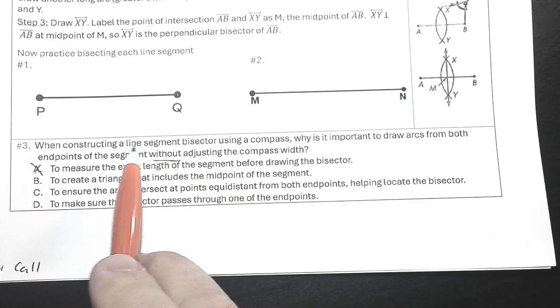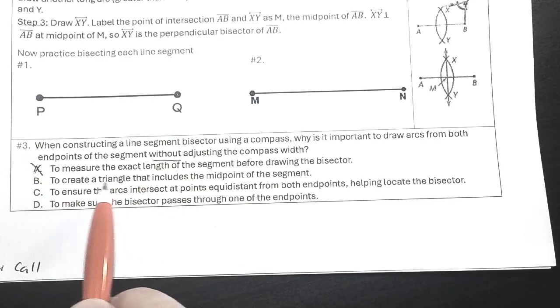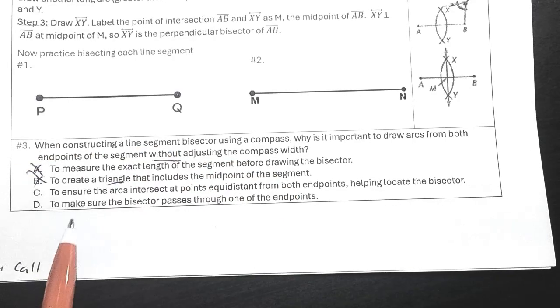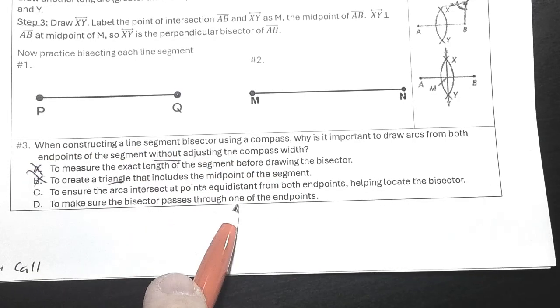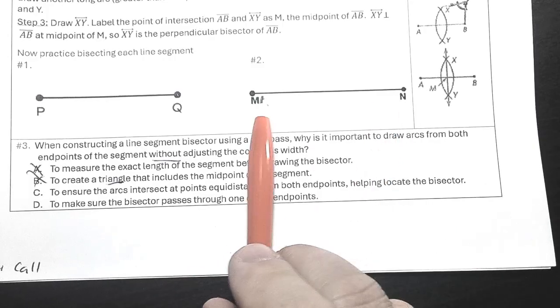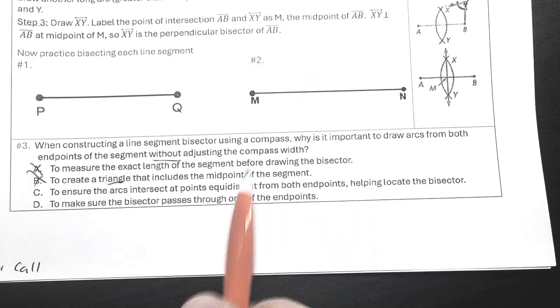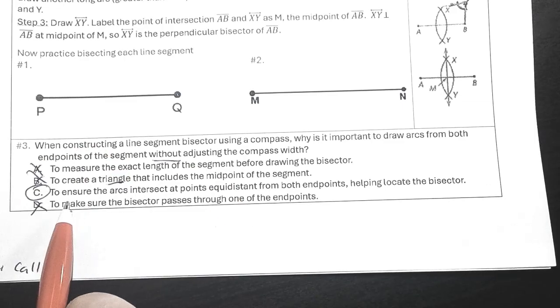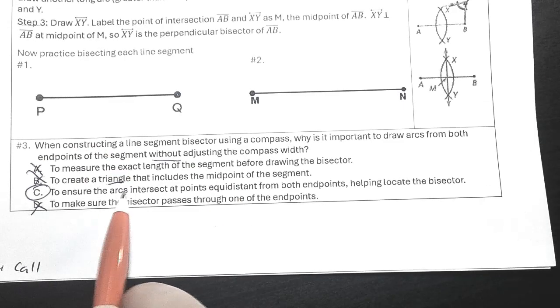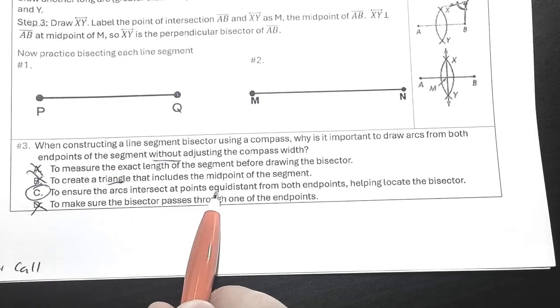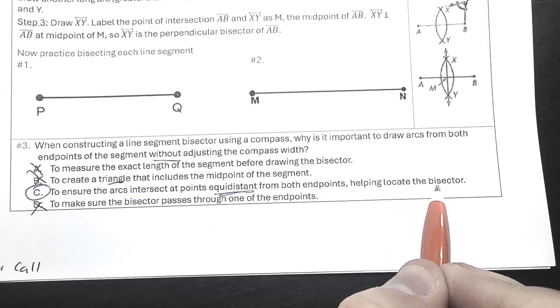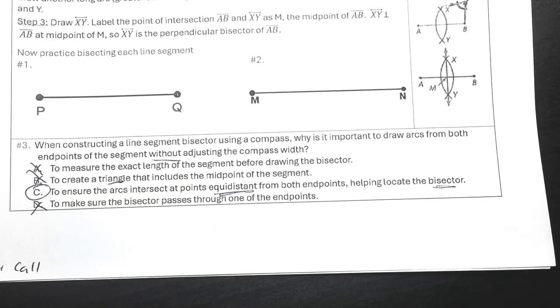Well, if we're doing a line segment bisector, it has nothing to do with a triangle, so that's a no. To make sure the bisector passes through one of the endpoints? Well, it's not going to pass through one of the endpoints if it's a bisector. So that leaves this guy: it's to ensure the arcs intersect at points equidistant from both endpoints, helping locate the bisector.